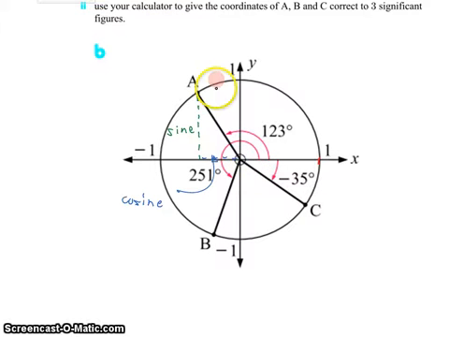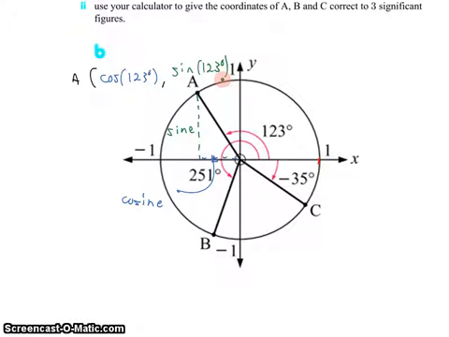That means we can say that point A is the cosine, because remember x comes first, x comma y, so that's the cosine of the angle 123 degrees. And the y component is the sine of 123 degrees.